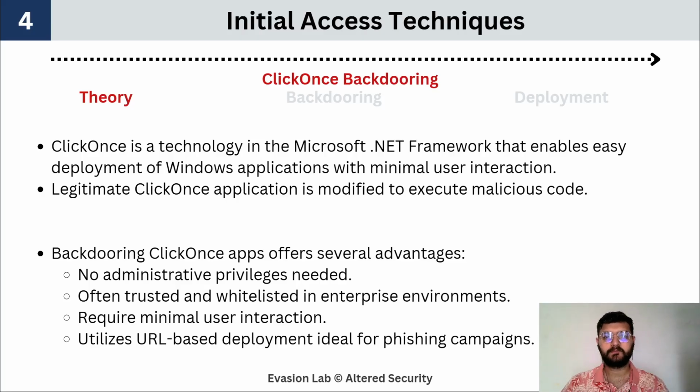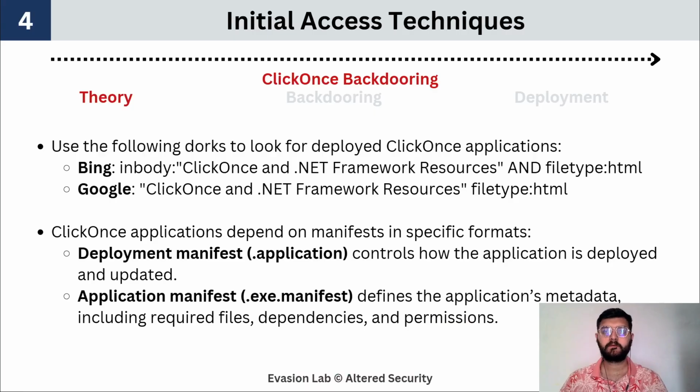Additionally, ClickOnce supports URL-based deployment, making it an ideal vector for phishing campaigns. We can use the provided Google and Bing docs to identify publicly hosted ClickOnce applications. For lab demonstration, we have already installed a ClickOnce application on the Windows VM.